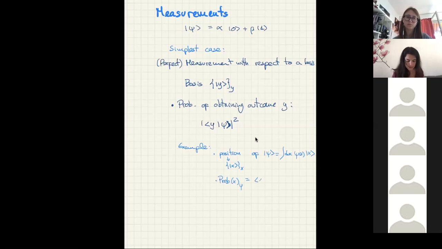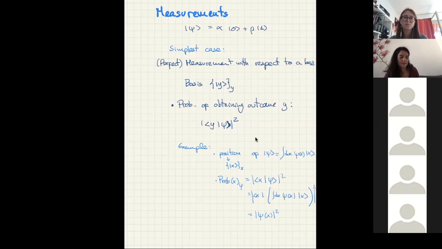So this is the inner product of x with psi, and this is the integral of x dx psi of x. And you know where this is going already, because we've seen it before. This is just the square, the modulus of the wave function.